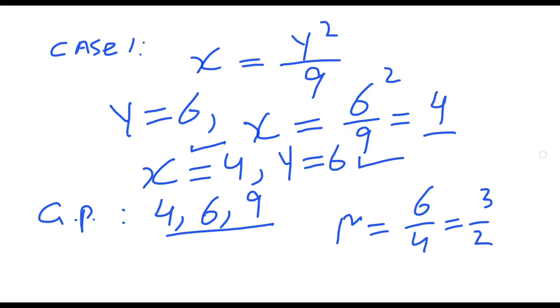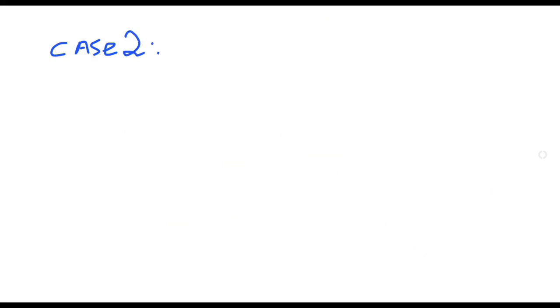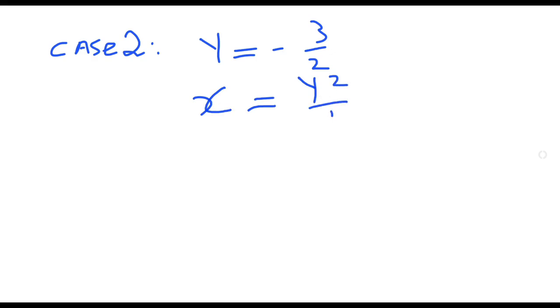Now we're going to go to case number 2 because we got 2 values of y. We're going to substitute the second value of y into this equation to find the AP and GP. So y is equal to negative 3/2 this time. Case number 2. Now y is equal to negative 3/2, and we're going to substitute into this here. x is equal to y squared over 9.